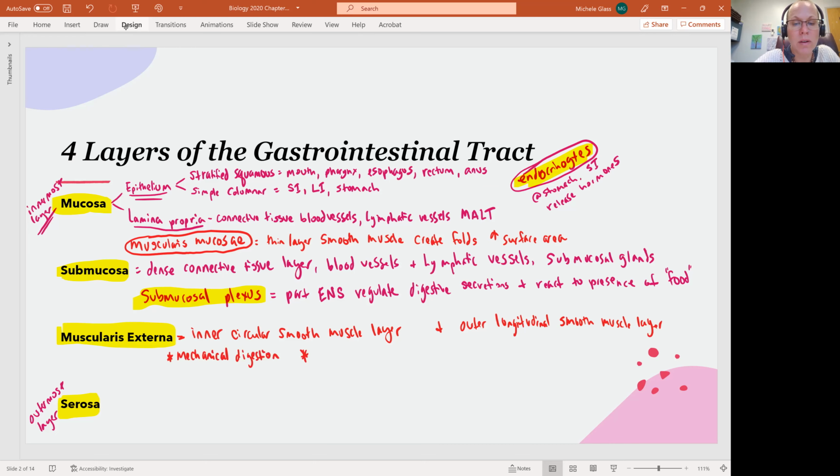It's going to be involved in propulsion of foodstuff through the tract. And it's going to be involved in mixing. So helping to really churn together the food stuff with the digestive enzymes and so forth to really enhance chemical digestion.